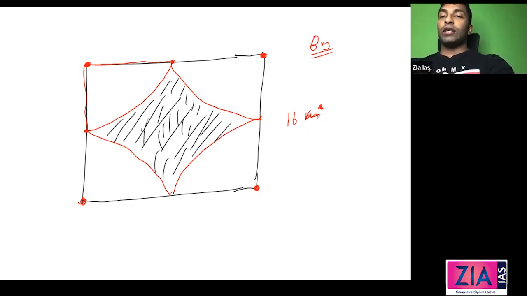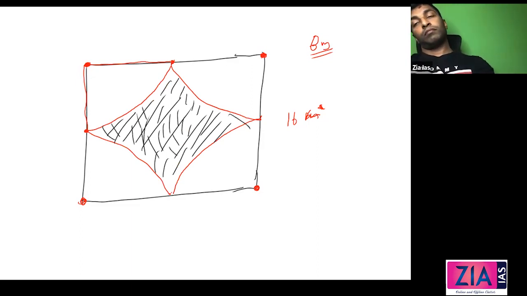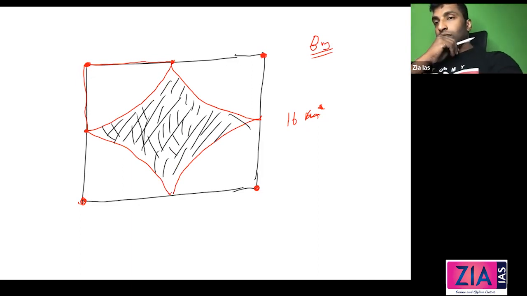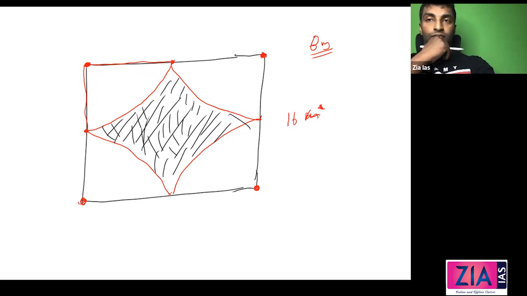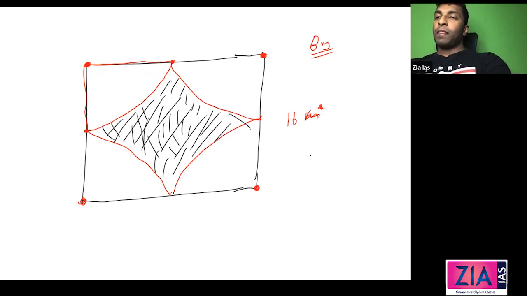Can anyone tell me what is the ungrazed area? What is the total area? 256.